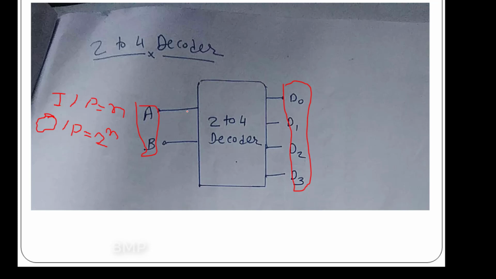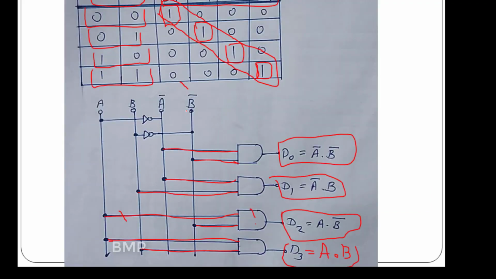We discussed the 2 to 4 decoder, and this is the truth table and logic diagram of the 2 to 4 decoder. So let's revise today's lesson again.